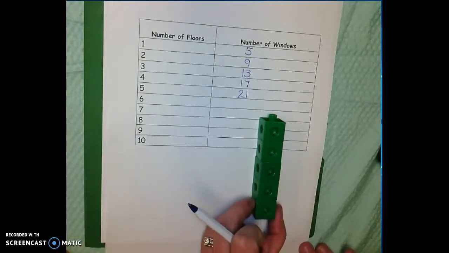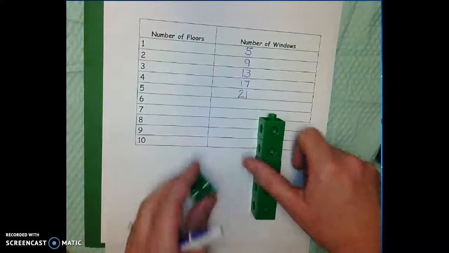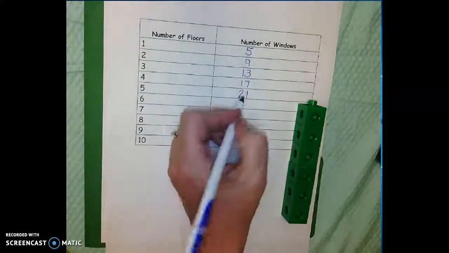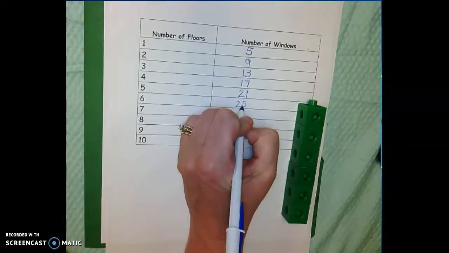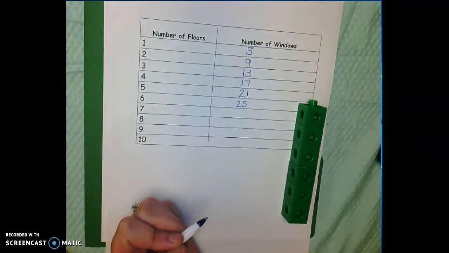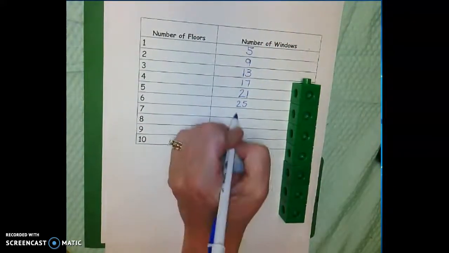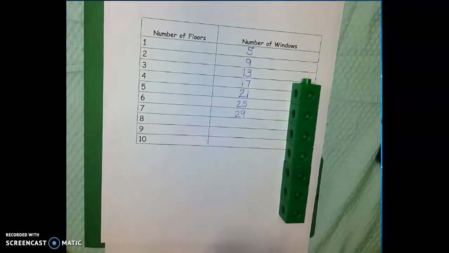All right, let's go back and look at what you wrote down for 6 floors. If you wrote 25 windows, that is correct. And 7 floors, that would be 29 windows.